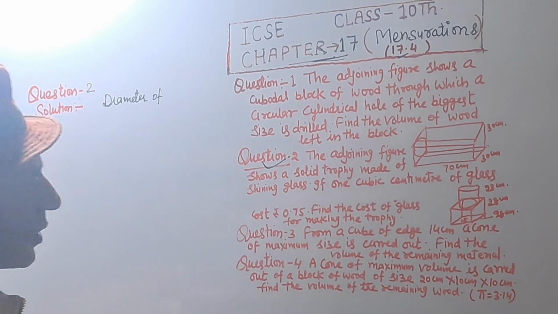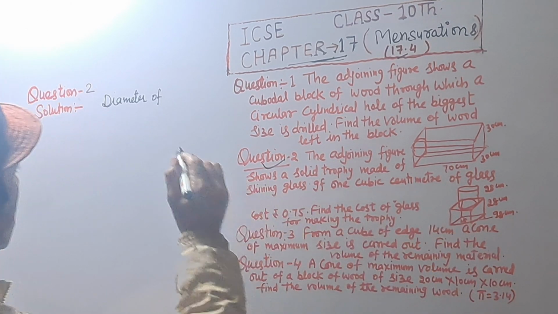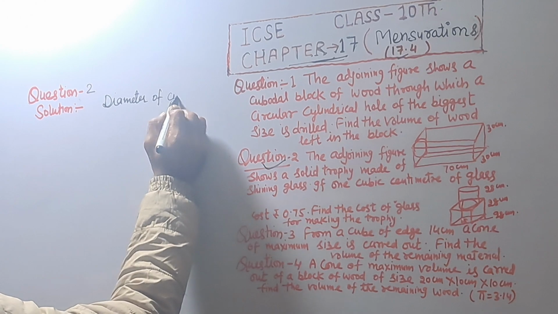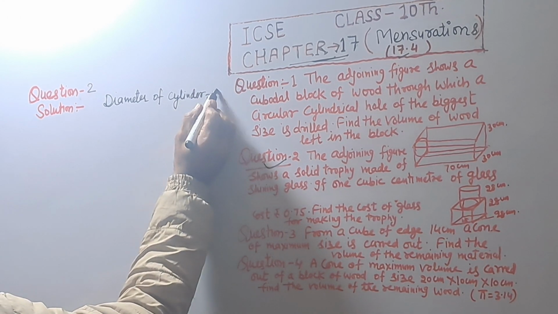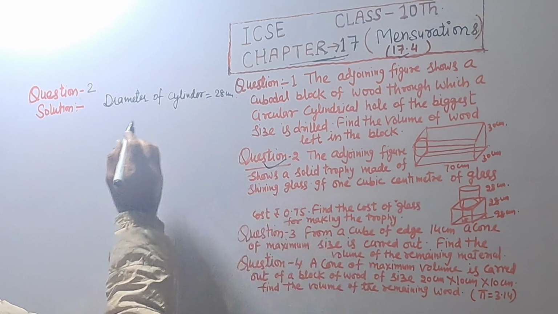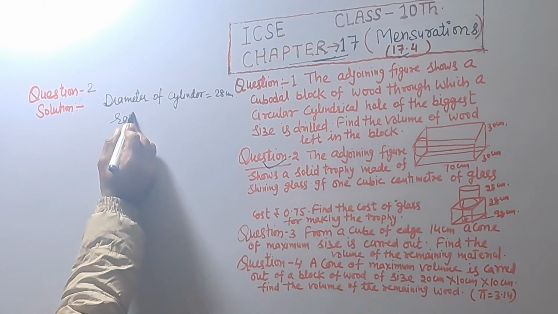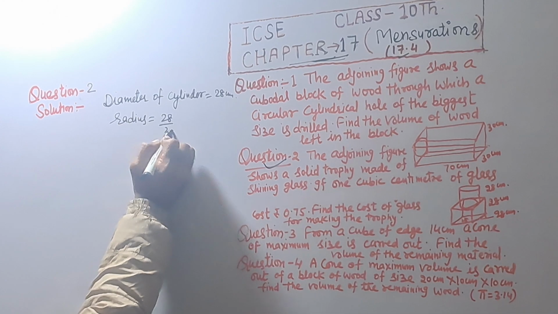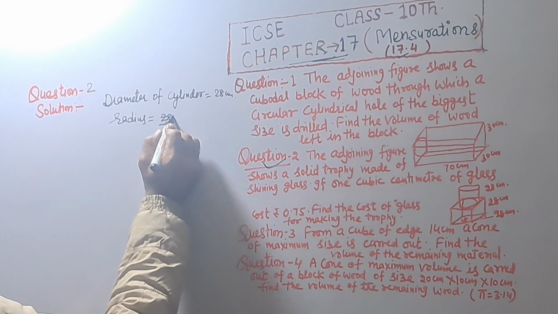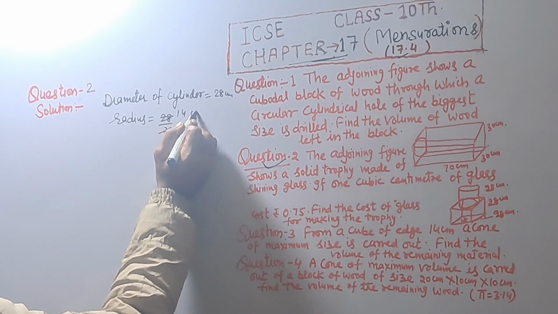Diameter of cylinder is equal to 28 centimeter. Radius is equal to 28 upon 2, that is 14 centimeter.